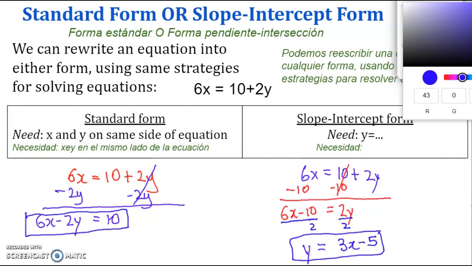Okay, same line. In fact, something else I should see is that 6x, 2y, and 10 are all divisible by 2. So that means I can divide everything by 2. I can divide the left hand side by 2 and the right hand side by 2.